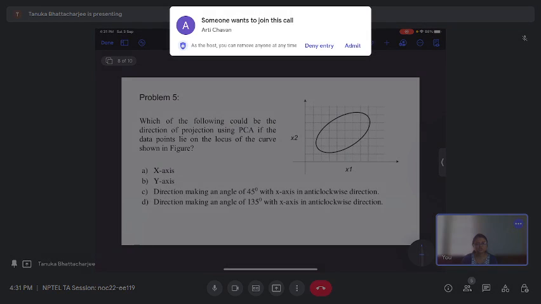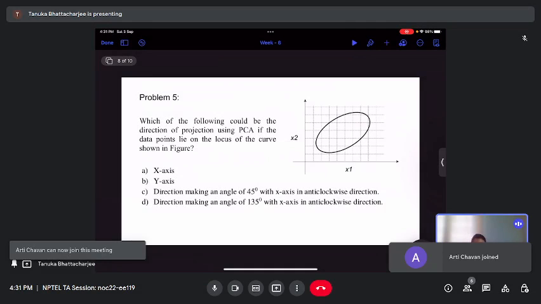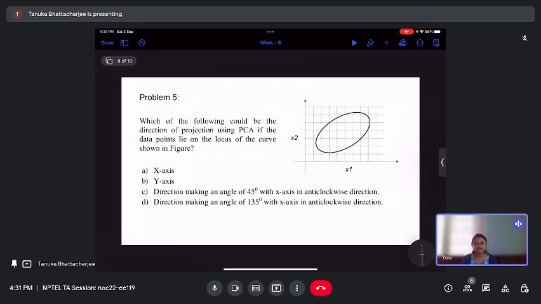The figure shows the locus of the curve on which your original data points lie, and you have to say what will be the direction of your projection if you use PCA. Is it the x axis, the y axis, the direction making an angle of 45 degrees with the x axis in the anticlockwise direction, or the direction making an angle of 135 degrees with the x axis in the anticlockwise direction?